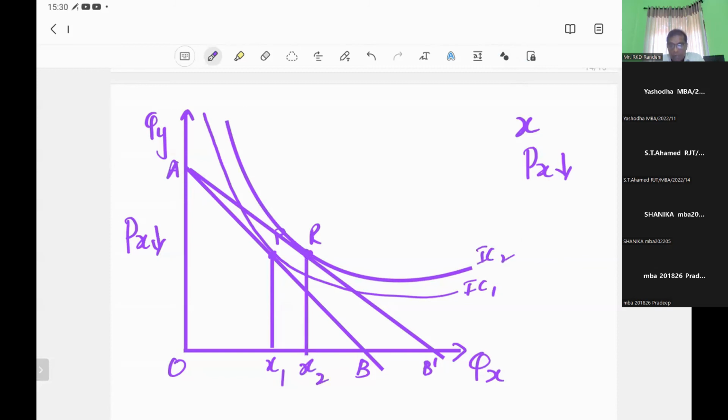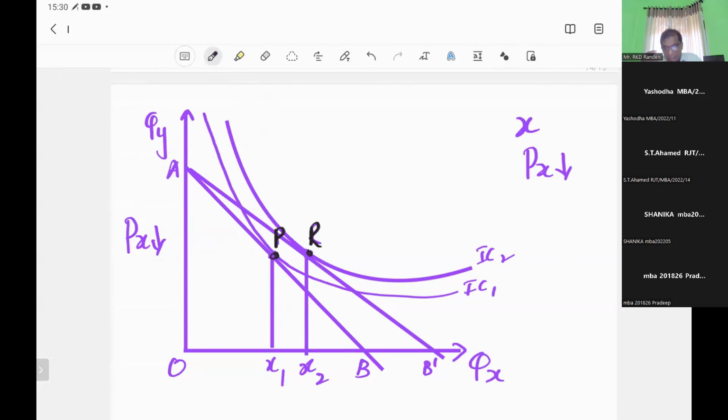Now P to R is the total effect. P to R is the price effect, the total effect.